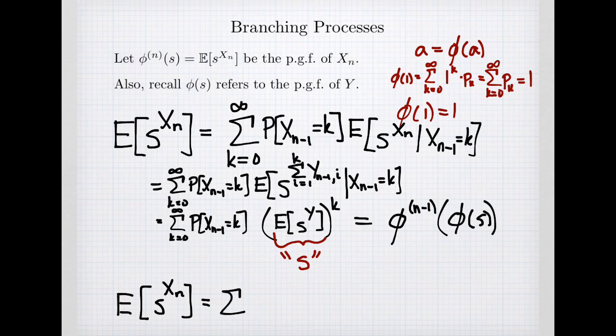is the sum over all first steps. So let's do k goes from 0 to infinity of our first step probability that x1 equals k times the expected value of s to the xn conditioned on x1 equals k.